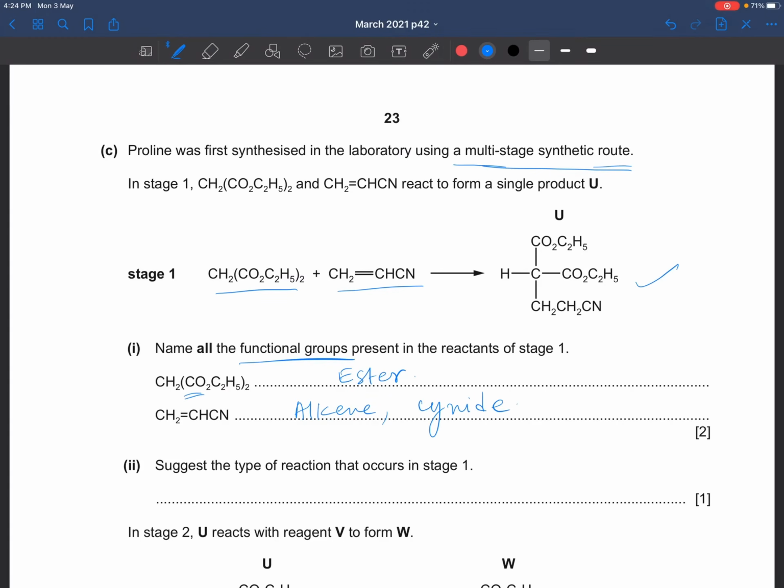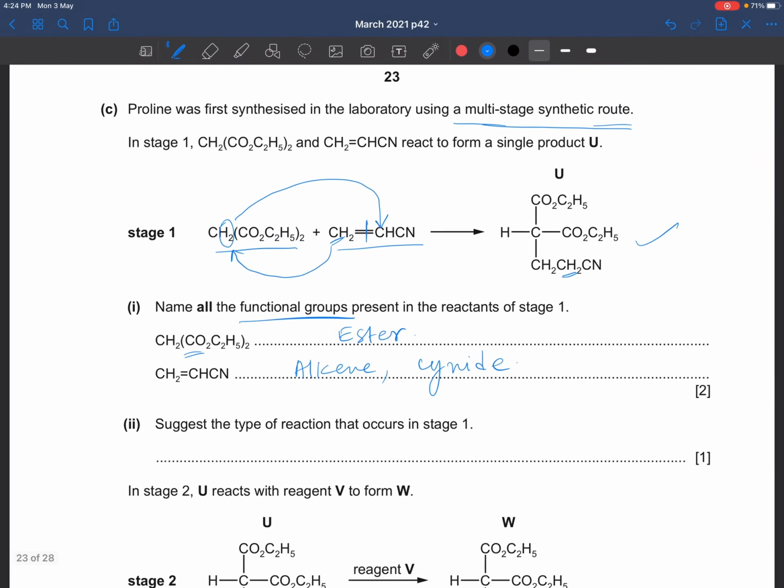Suggest the type of reaction that occurs in stage 1. So in stage 1, what is happening here is that this double bond is being broken, and one of the hydrogen from this carbon is attached to this carbon, right? This becomes CH2, and this CH2 has gained the rest of the parts. This is addition. This is electrophilic addition.